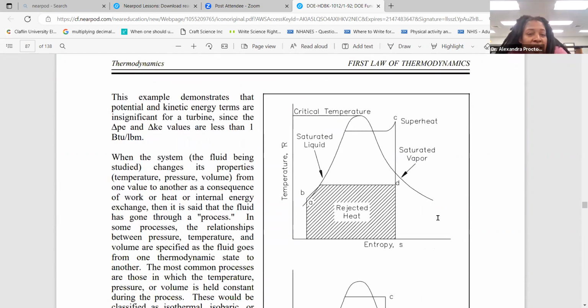So this example demonstrates that potential and kinetic energy terms are insignificant for a turbine, since the change in potential energy and kinetic energy is less than 1 BTU per pound mass.